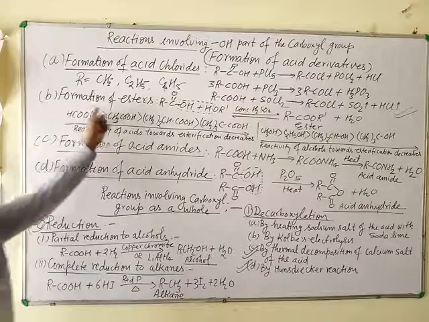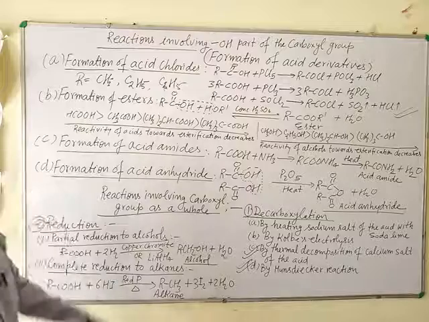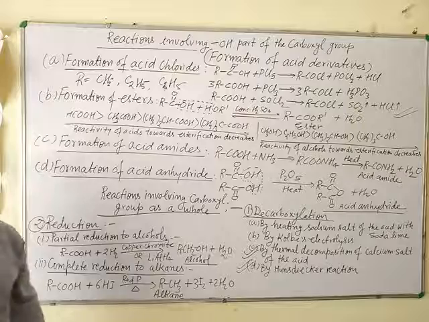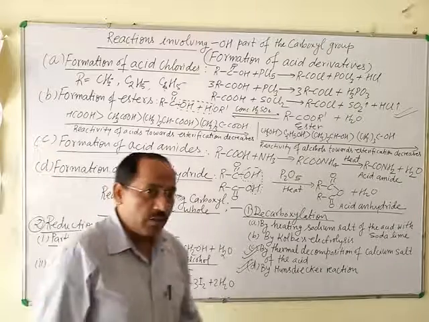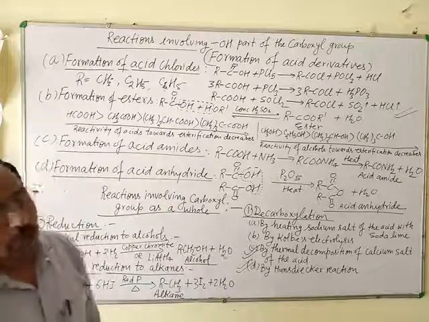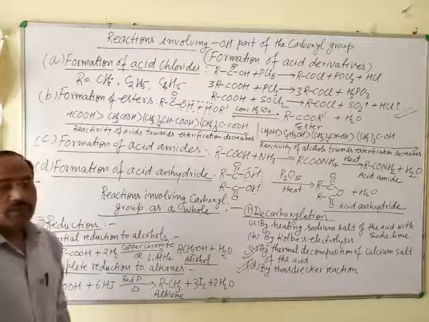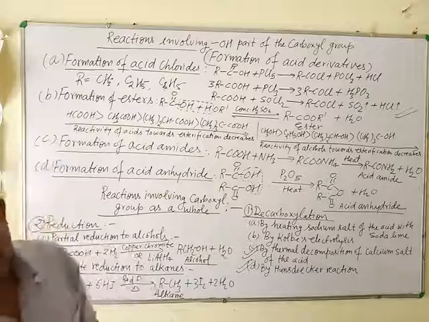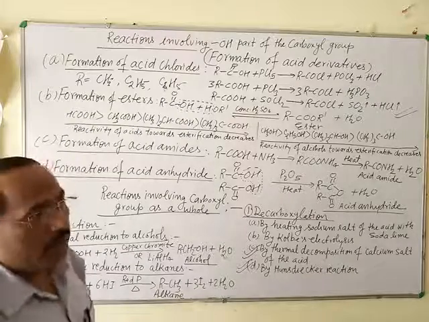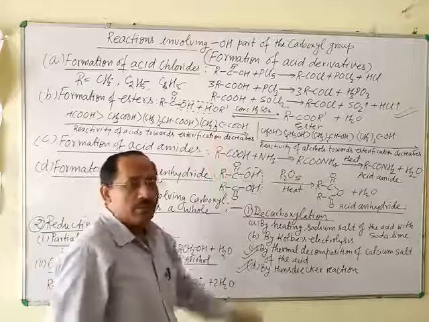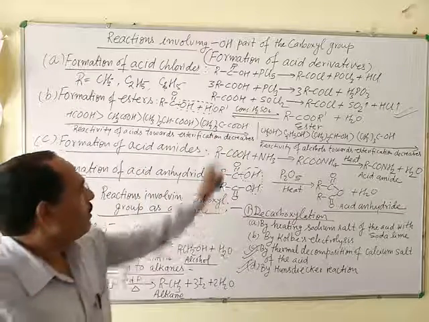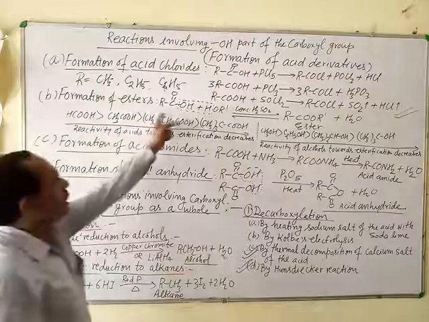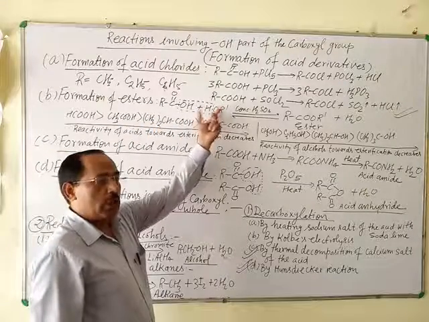Next, formation of esters. Ester formation is also known as esterification of carboxylic acid or esterification of alcohol, because in this reaction carboxylic acid reacts with alcohol, or alcohol reacts with carboxylic acid, in the presence of a catalytic amount of sulfuric acid.